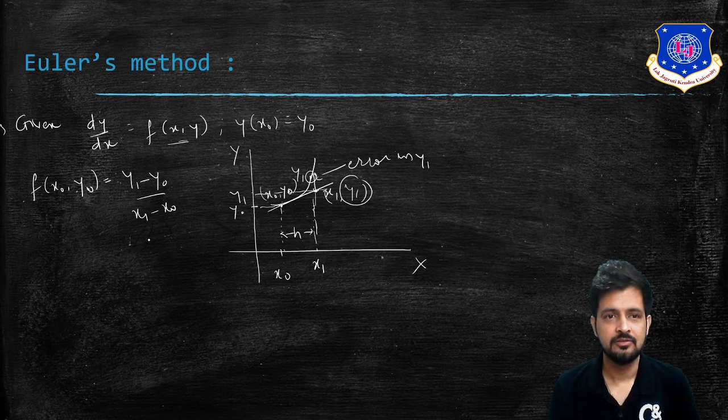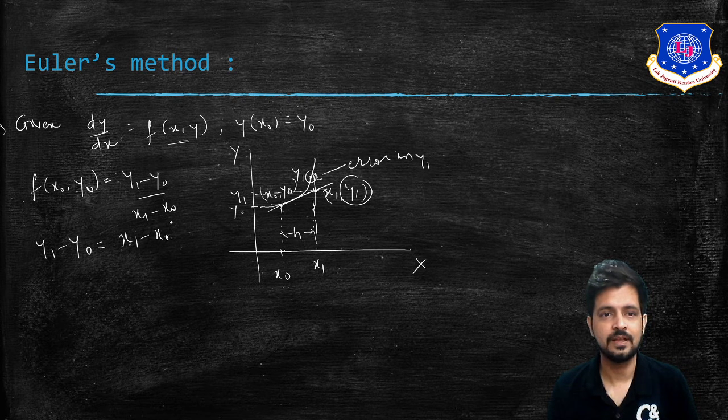Let us first derive the formula for Euler's method. Now y1 minus y0 can be written as x1 minus x0 into f of x0 y0. What is x1 minus x0? x1 minus x0 is h, our step size.